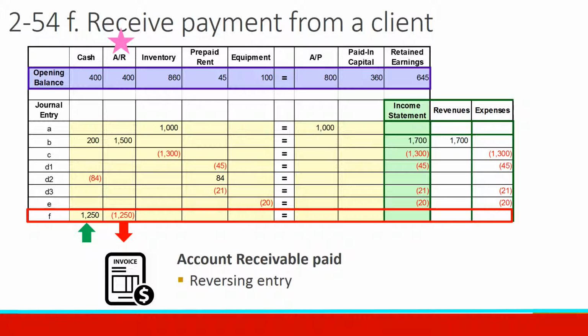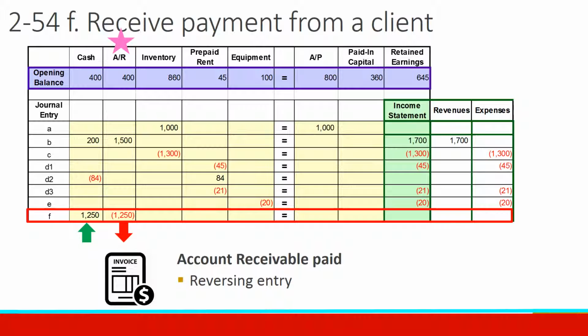Well, it turns out here we are at the end of the month, and some customers are now paying off the obligations to us. So in Journal Entry B, we had added to accounts receivable to the tune of $1.5 million, and we now recognize that some of those customers have paid us, so we received $1.25 million in cash.